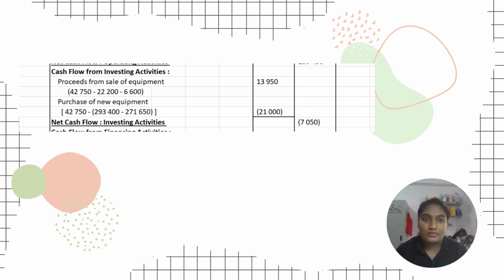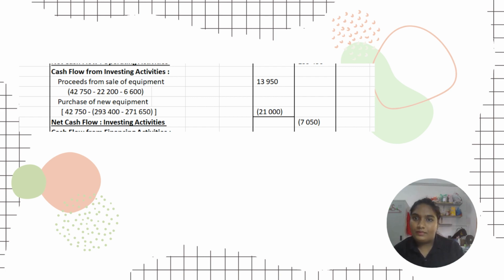So the first two values we can get from the additional information of the question, and the last value we can get from the statement of profit or loss on the loss on sale of equipment. And 42,750 minus 22,200 is equipment minus accumulated depreciation and minus loss on sale of equipment. So the final value will be 13,950.